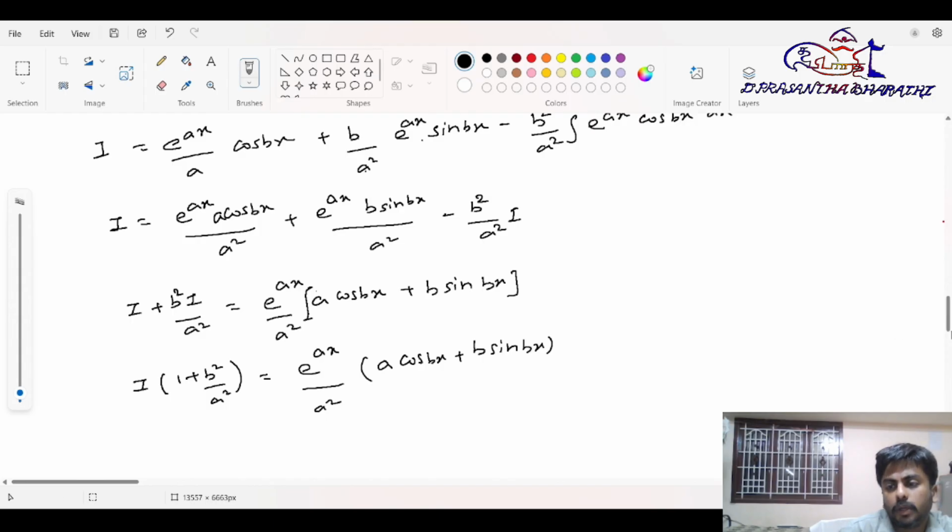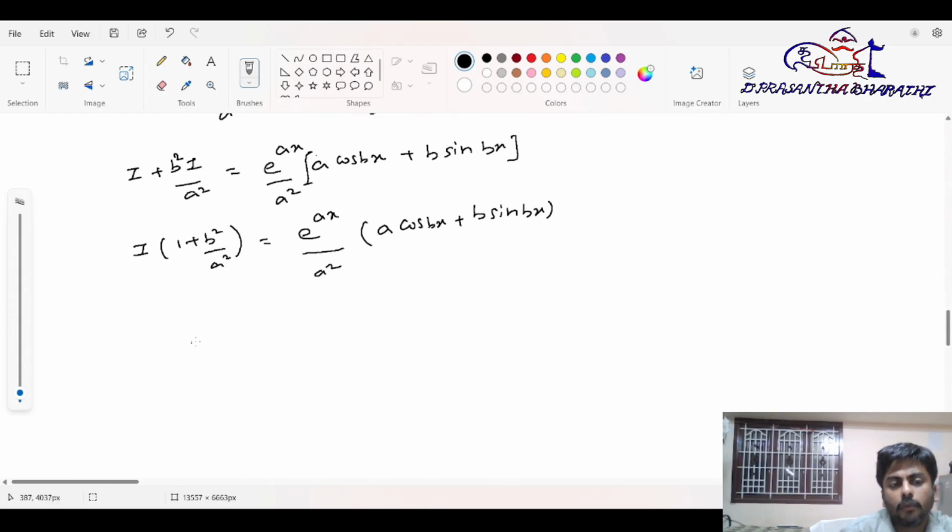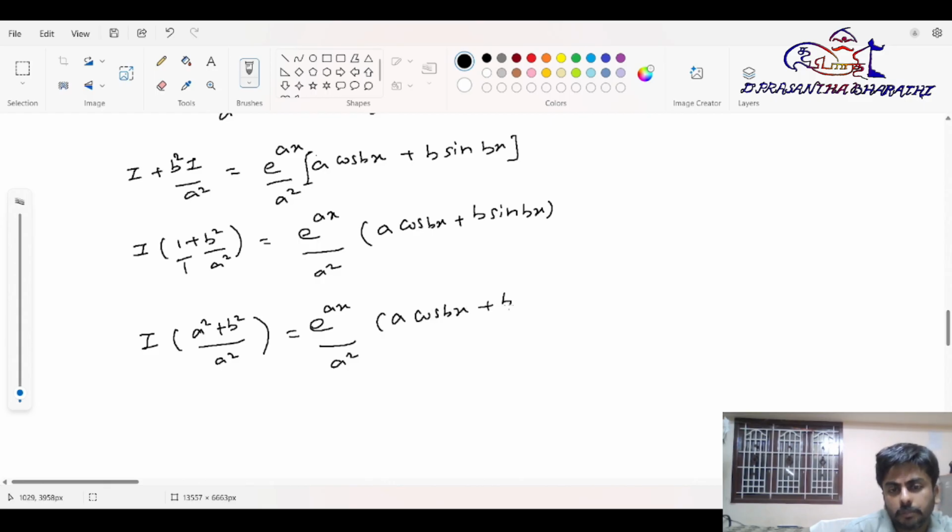Now you have to take the LCM here. The LCM is a square, so I into a square plus b square divided by a square equal to e power ax by a square into a cos bx plus b sin bx.